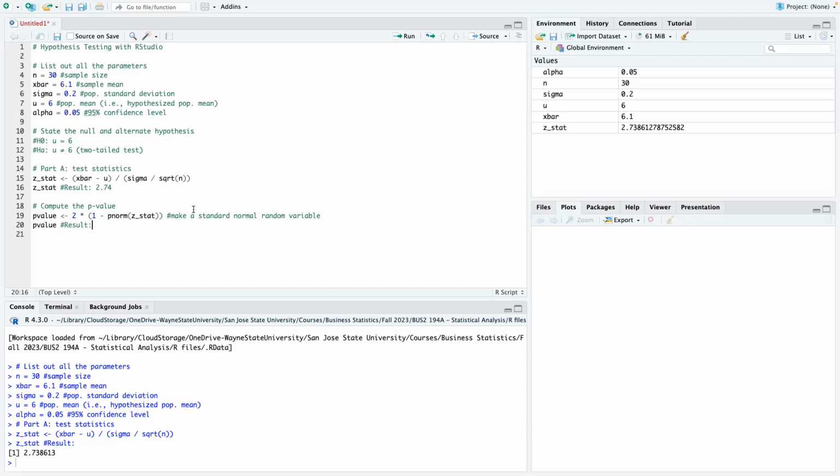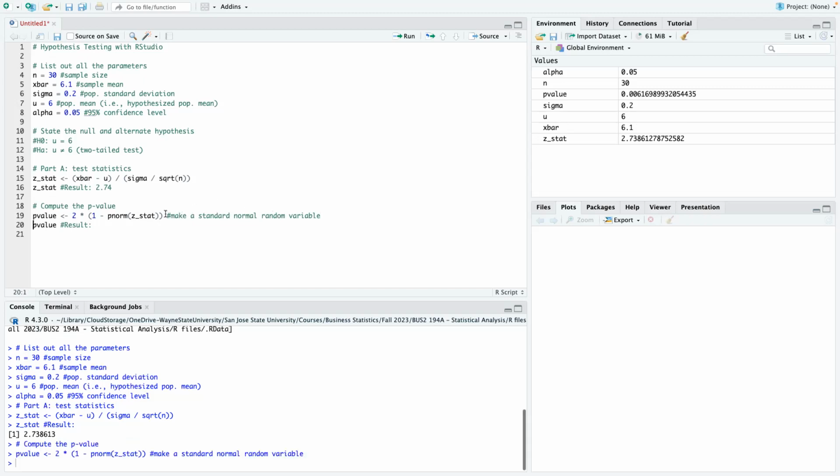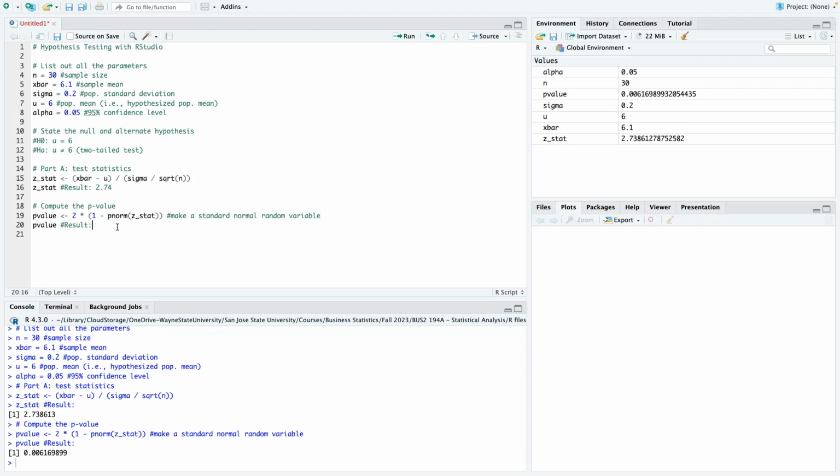I'm just also going to type it there so everyone can see it. All right, so my p-value comes out to be 0.006, which if we approximate to 2 decimal places, we could say 0.01. That's what our p-value would end up to be.